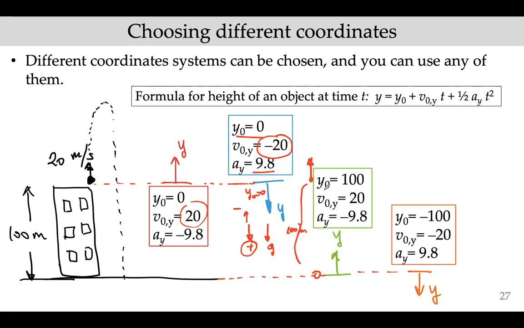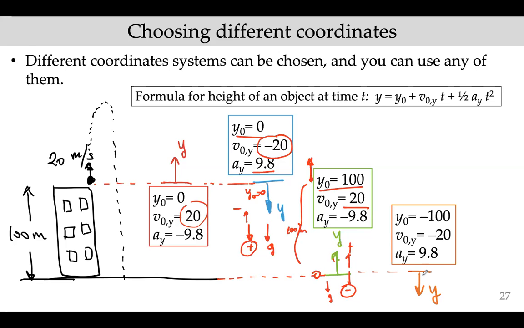So the initial position is +100. Initial velocity is 20, and this coordinate system defines up to be positive, so it's +20. And because up is positive, down is negative, and gravity of Earth is down, the gravity becomes -9.8.